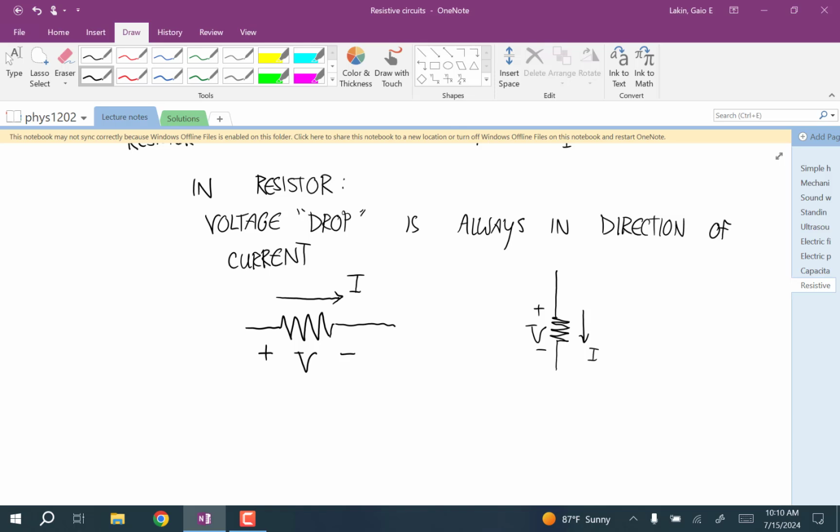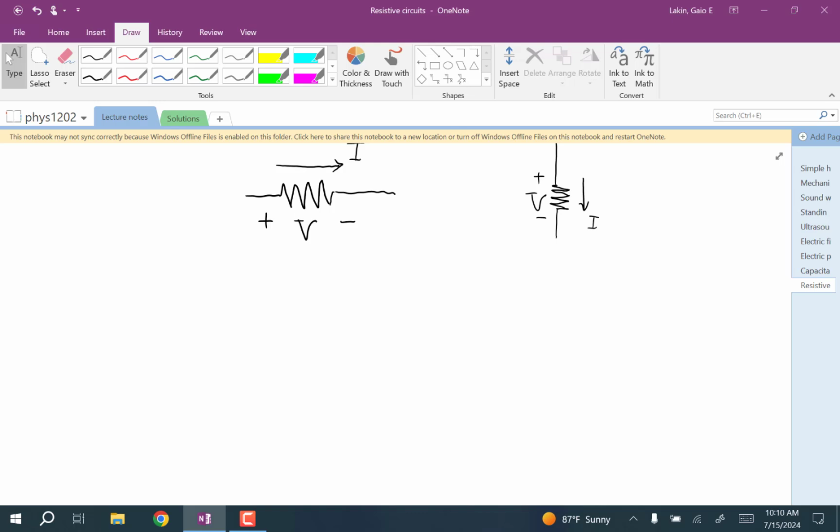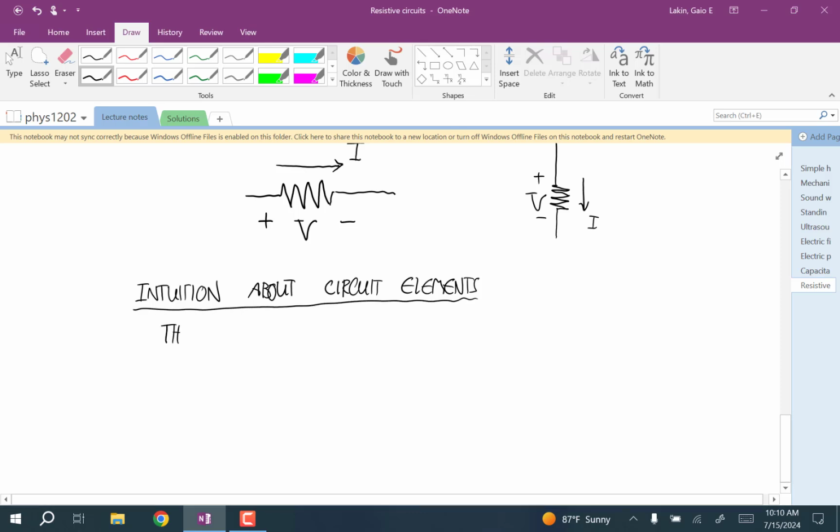In order to get an intuitive sense of how these circuit elements fit together, think of a battery as a fluid pump, and a resistor as a constriction in the pipe.